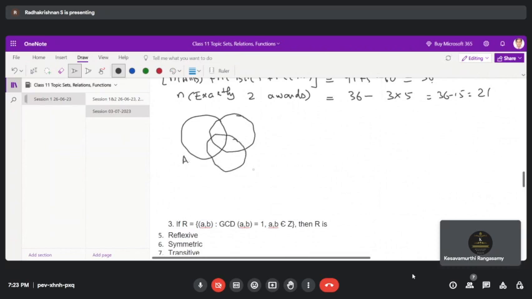This is A, B, and C. So exactly 2 rewards means this is exactly 2 rewards. This is A and C, only A and C, but it's not having B. And A and B, which is not having C, is this.